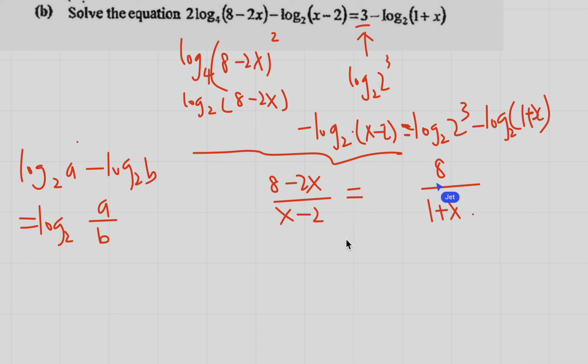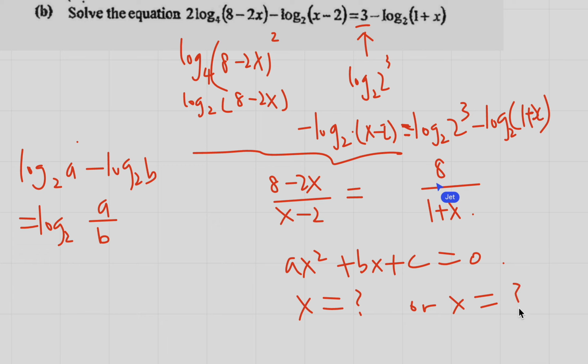There is one thing I want to caution you. Because you will end up with a quadratic equation, like ax squared plus bx plus c equals 0, you are very likely to get x equals something or x equals something. You need to be very cautious in this question, because we are doing logarithm.